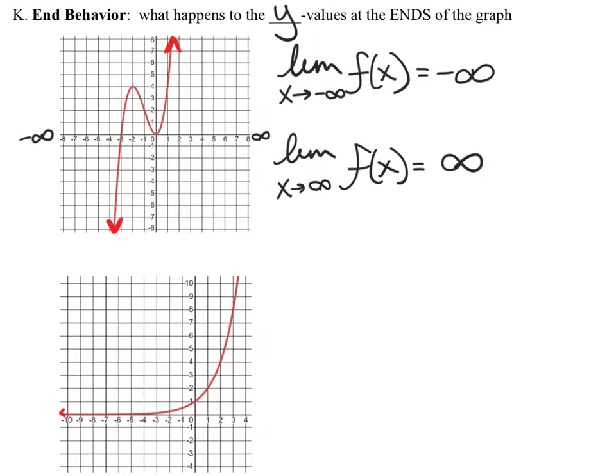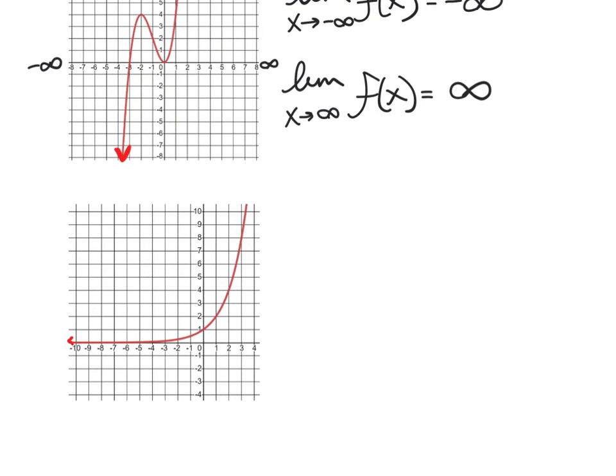Okay, end behavior. If we look at the end behavior of this graph, we've got to be able to talk about what happens on the left side and on the right side. As the x values go to negative infinity and infinity, where are the arrows going? Where are the y values going? So the limit as x approaches negative infinity of f of x. So let's look at the left side, the negative infinity side. This is an exponential function.